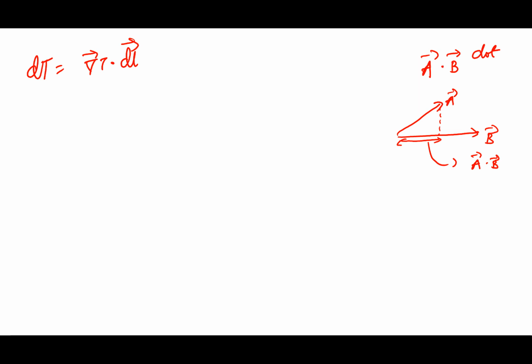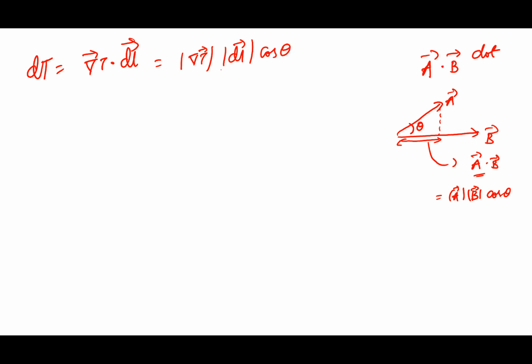Because this is the adjacent side, if this angle is theta, I can write a dot b as magnitude of a times magnitude of b times cosine theta. So I can write this as gradient of T times dl times cosine theta.